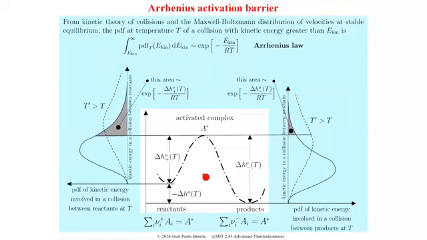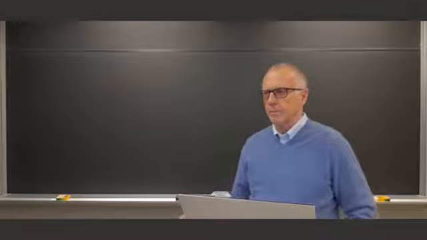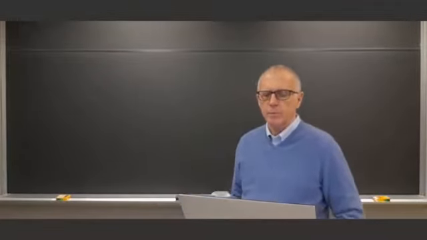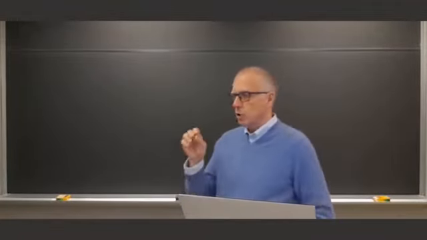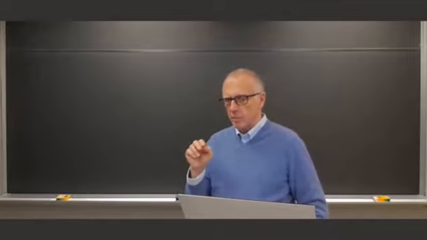So now let's go back to this path from the reactants, from the bottom of the reactants valley to the activated complex, the saddle point, to the bottom of the products valley. And here on the side, I have drawn not exactly the Maxwell-Boltzmann distribution, but a distribution that can be obtained from the Maxwell-Boltzmann. And it is a distribution of the kinetic energy that is made available upon collision.